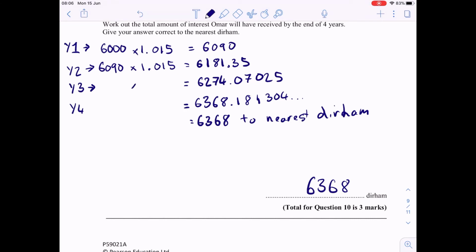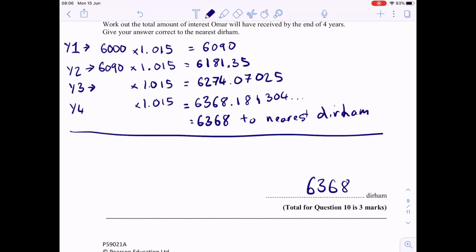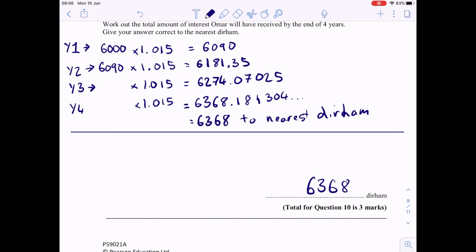There is an easier way of doing this, because each time we are multiplying our answer by 1.015. So if we were clever about this, I'm just going to draw a line under this, and say I've got 6,000, and I'm going to times it by 1.015, and then times that by 1.015, and again times it by 1.015.